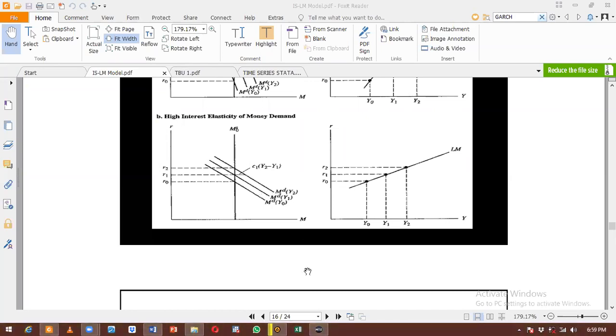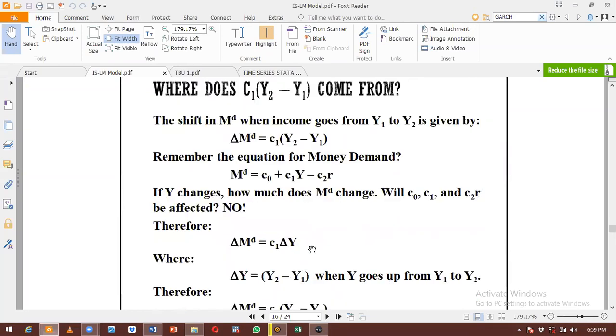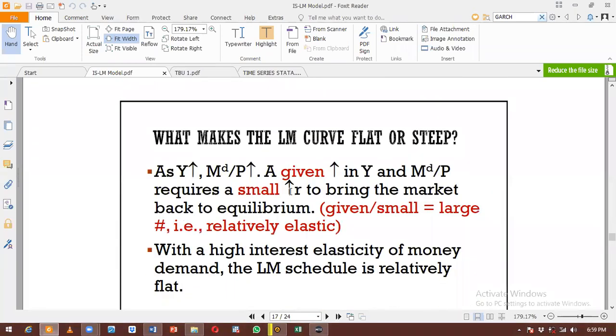So what this means is that, assuming we are talking about the case where money demand is more interest sensitive, when income goes up, real money demand will go up. So, given the increase in Y, the real money demand just requires a very small increase in interest rates to bring the market back to equilibrium.